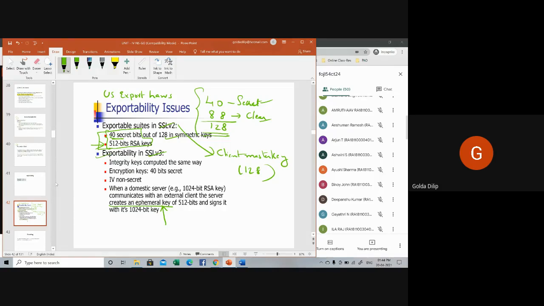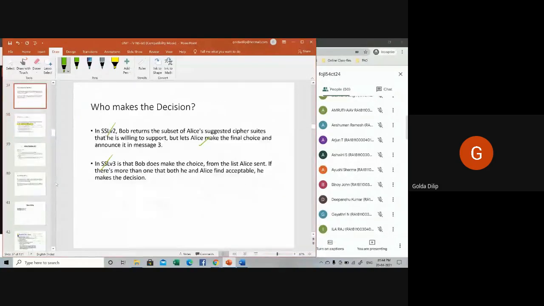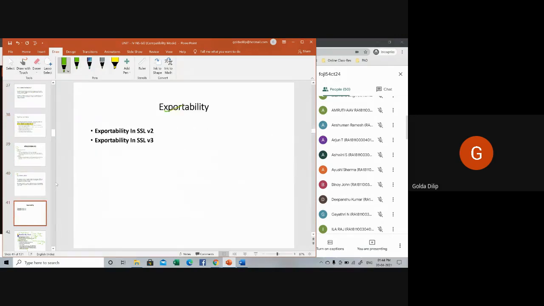The difference is, in SSL version 2 the client will choose the cipher suite, but in SSL version 3 the server will choose the cipher suite. So all these aspects have to be taken into consideration. That's regarding the exportability in SSL version 2 and 3.